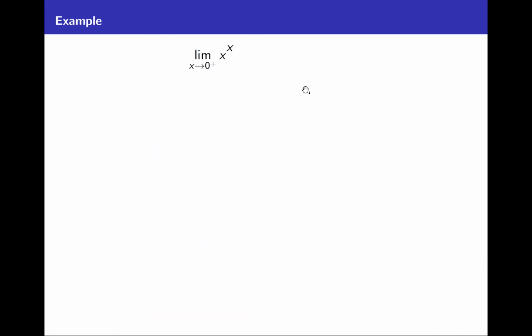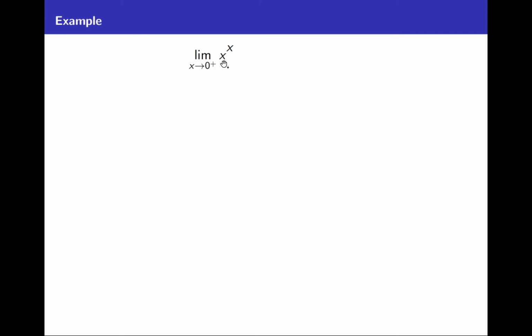Our last example, the limit as x approaches 0 from the right of x to the power of x. That's a weird looking expression, x to the power of x. And I'm making x approach 0 from the right because, with exponents, there are all kinds of crazy problems when you have a negative base, like a negative number to the power, like -2 to the power of -2.